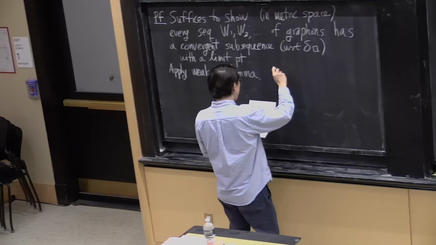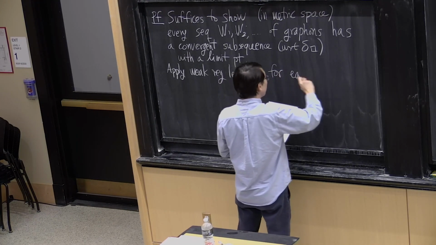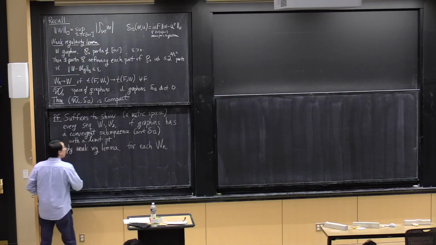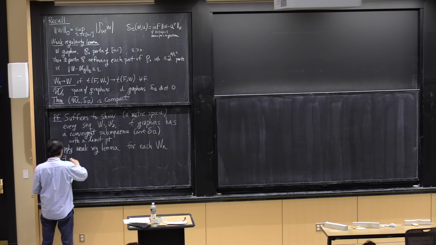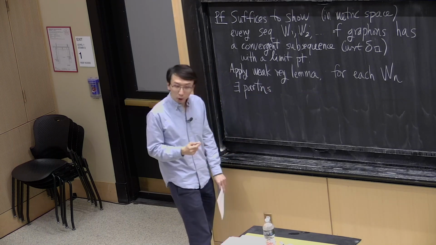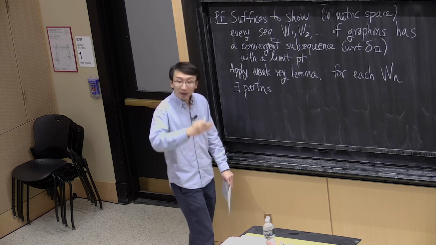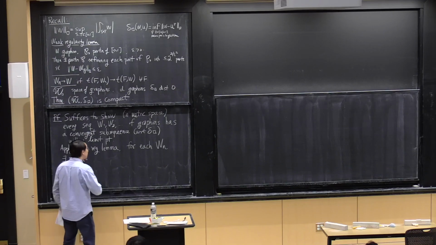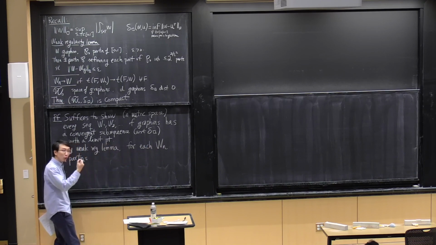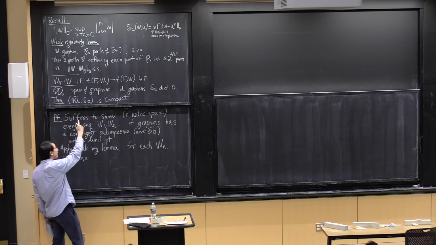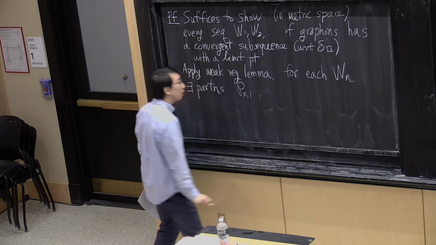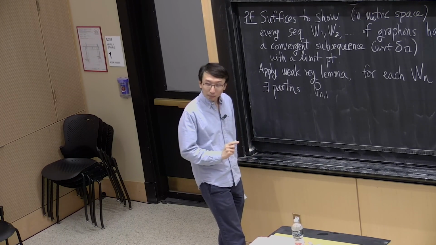Which will tell us that for each Wn, there exists a partition. In fact, a sequence of partitions, each one refining the previous one. What's going to happen is I'm going to start with Wn and a trivial partition, apply that lemma and obtain a partition P_{n,1}.